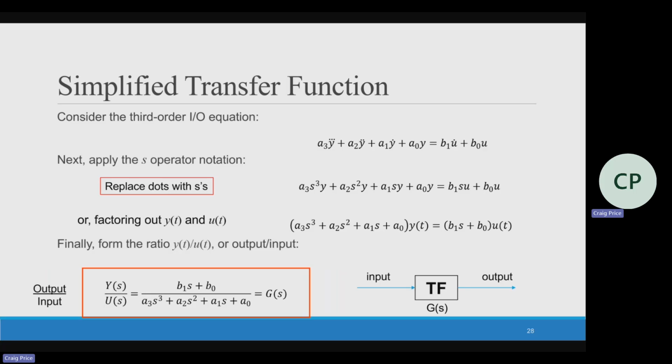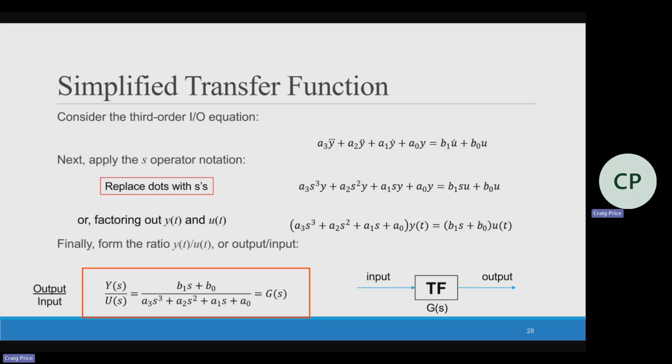You don't necessarily have to write this down because we'll do it with our equation. But if I have a third order equation right here, so I've got y triple dot, what we're going to do is replace all of the dots with s's. Dots become s's to create a transfer function.